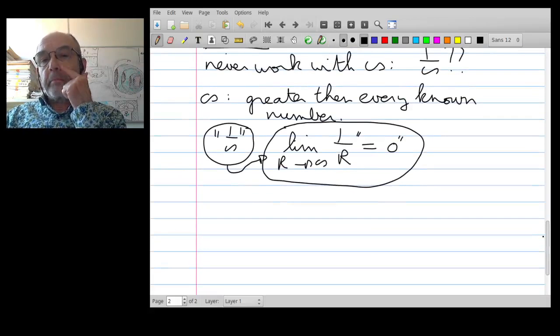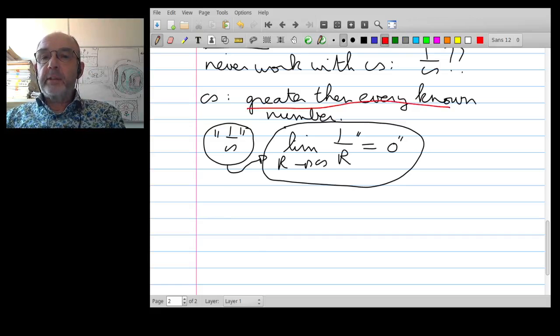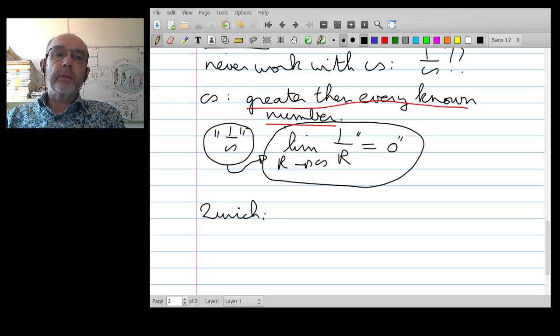Sometimes you see infinity described as greater than every known number. If you are working in Zurich, where you have that, I don't know how you call it directly, I'm searching, I have forgotten the name, the particle accelerator.